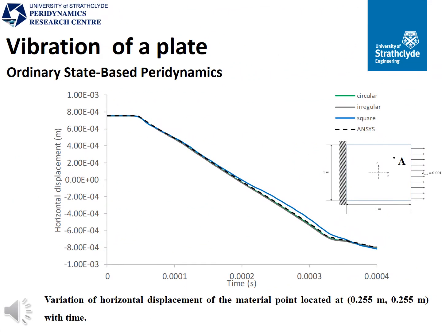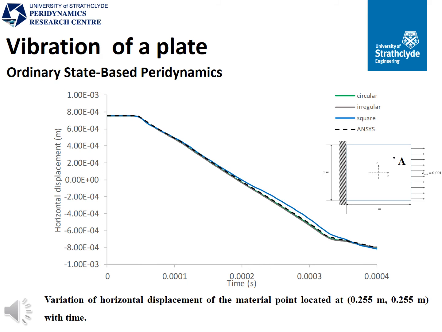First, we modeled this problem by using ordinary state-based peridynamics. We also solved the same problem with the finite element software ANSYS to compare our peridynamic results. Here you can see the variation of horizontal displacement of point A with time. As you see here, circular and irregular shapes agree very well with ANSYS results.